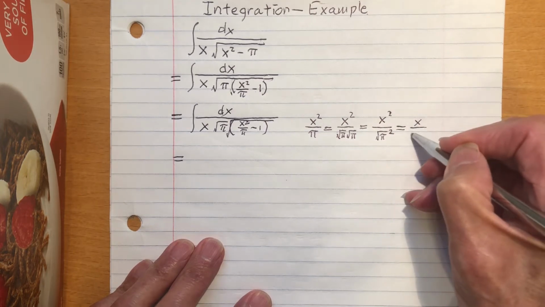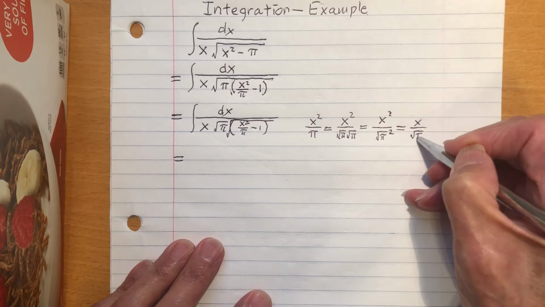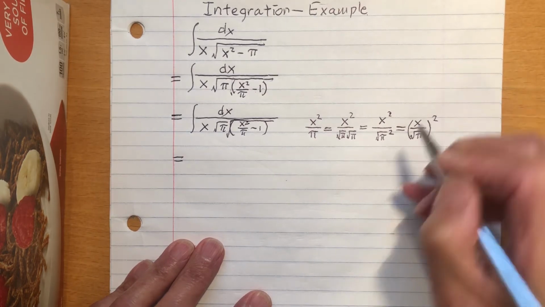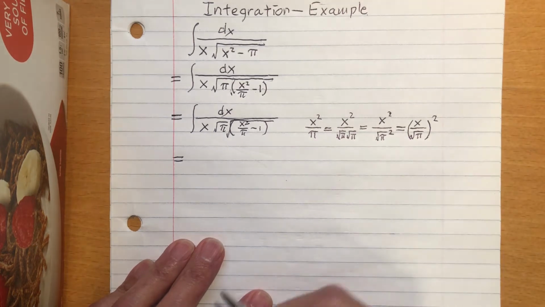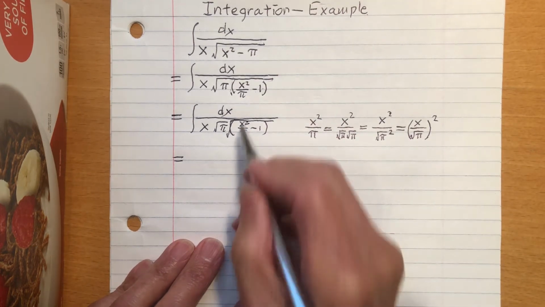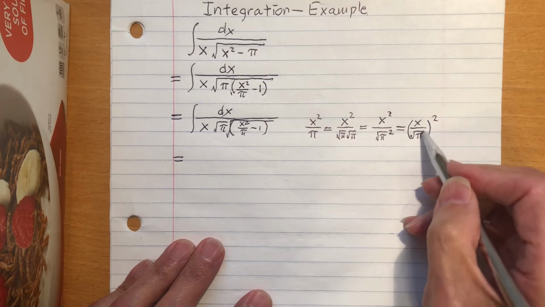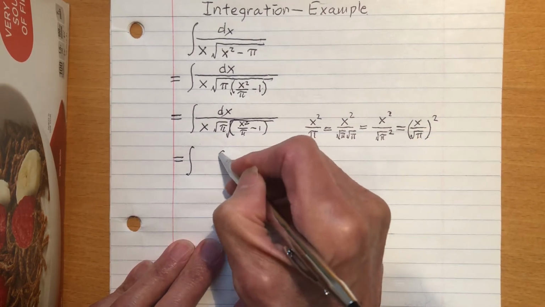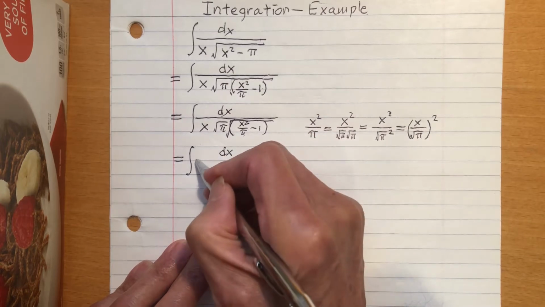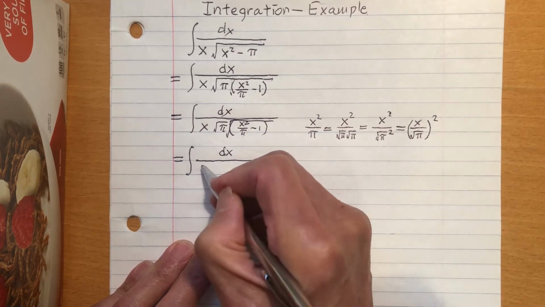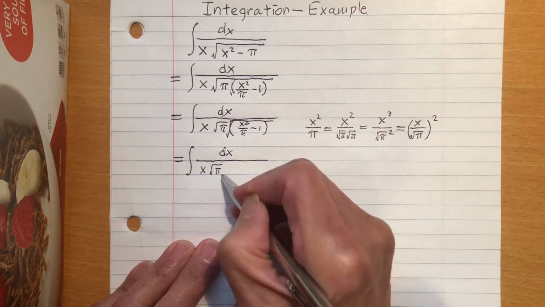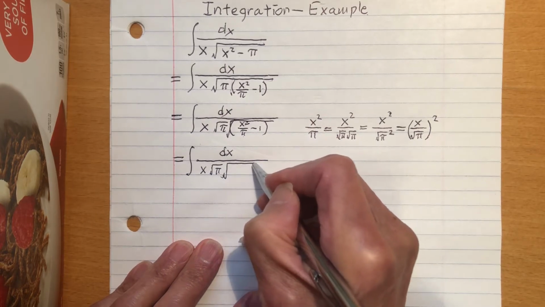X divided by square root pi, the whole thing squared. No problem, right? So I rewrite this in this way: x over square root pi and another square root.